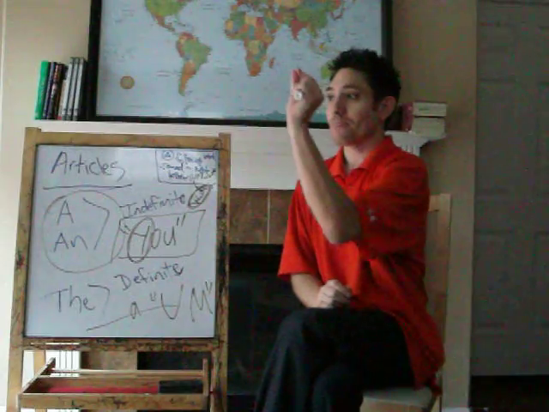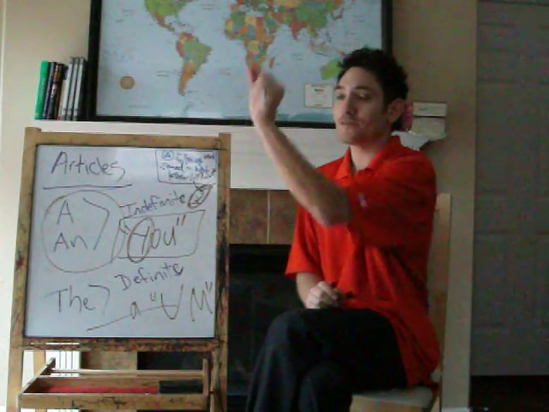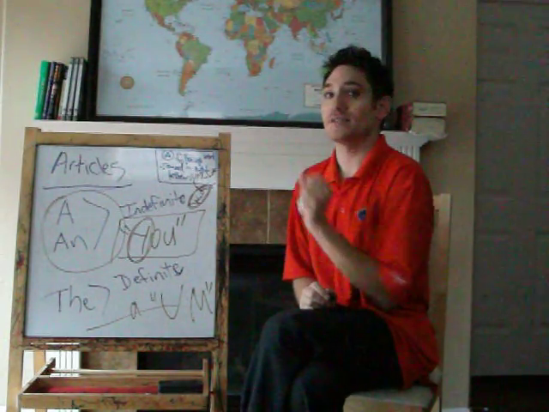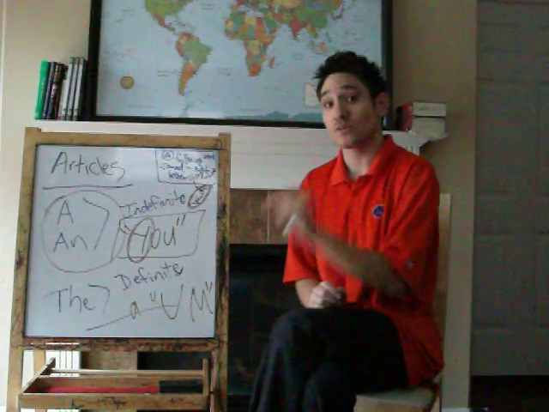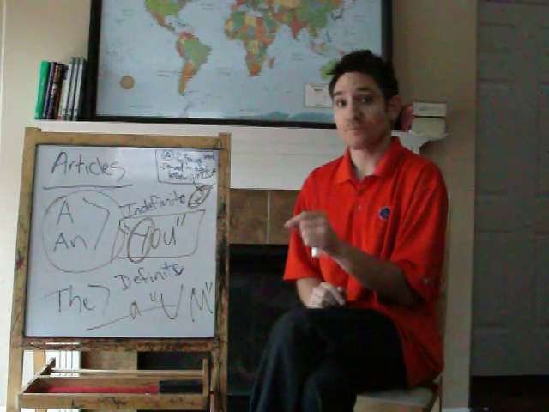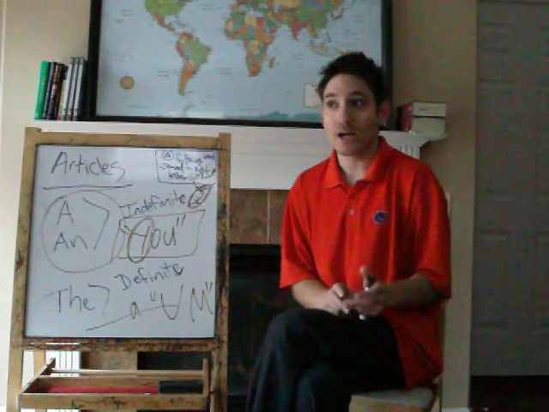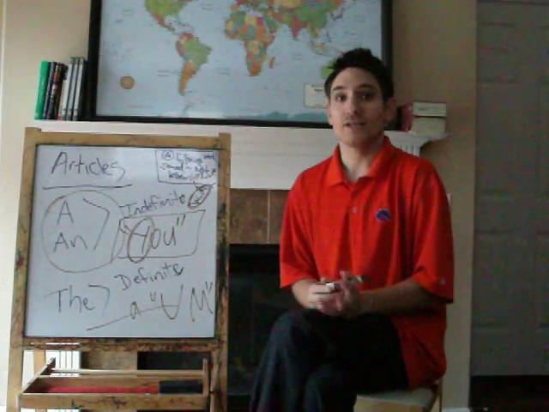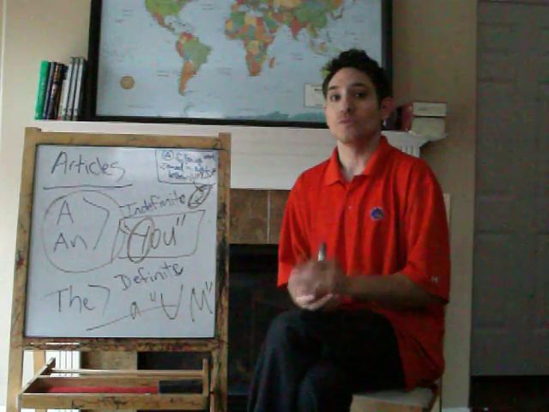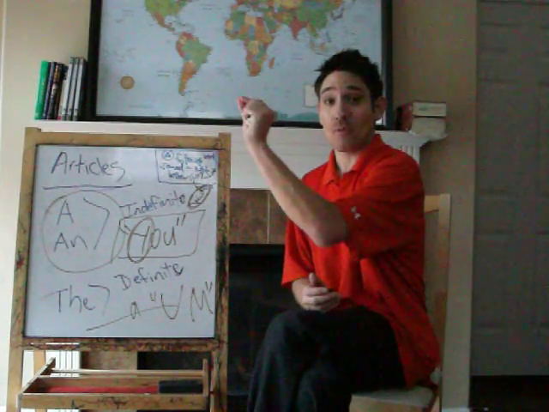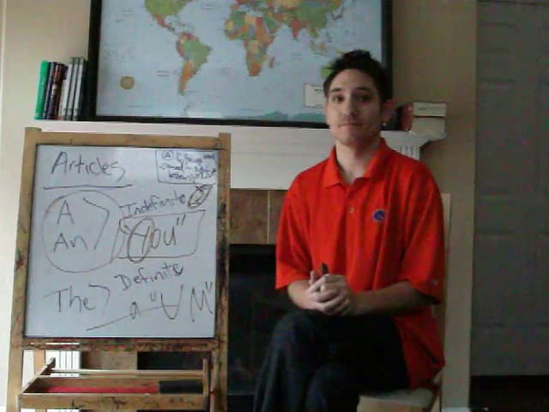It's going to be a UM professor because the first sound of the next word is a consonant. But again, if the first sound of the next word after the article is a vowel, A, E, I, O, or U, like igloo, umbrella, oracle, etc., the article that we're going to pick is an. Thank you very much.